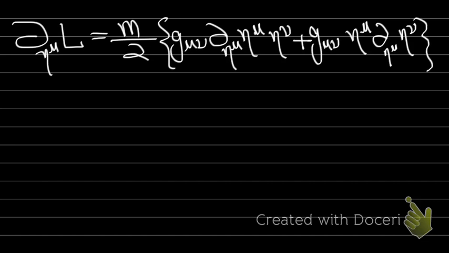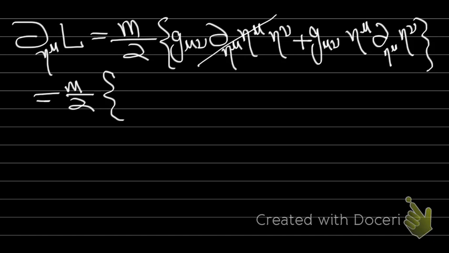Now, further simplifying this expression, what do I get? I get m over 2 times, now if you look at this expression, these two things would just cancel out. Why?